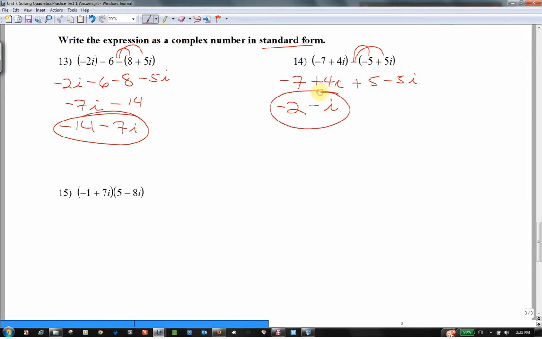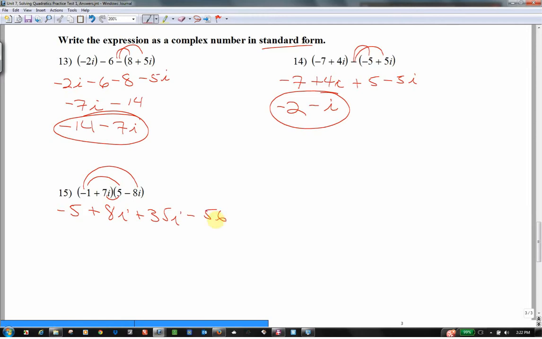The next one is a multiplication, so I'm going to use FOIL. I have a negative 1 times 5, that's a negative 5. Negative 1 times a negative 8i, that's plus 8i. I have 7i times 5, that's plus 35i. And 7i times a negative 8i, so 7 times a negative 8 is a negative 56, and i times i is i squared.